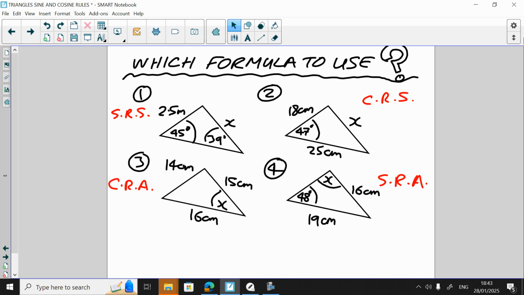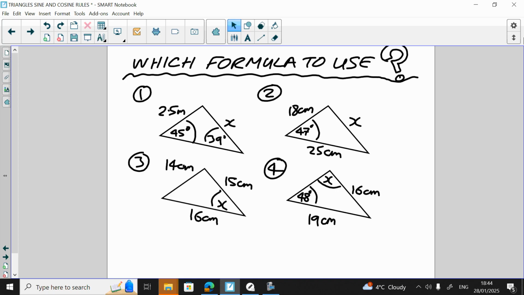So if you have some kind of exercise or assessment, they don't always say, can you use the sine rule to find the angle? Right? They will just give you something like this, naked, and you'll have to figure it out yourself.